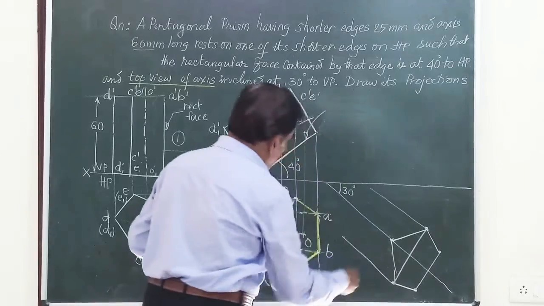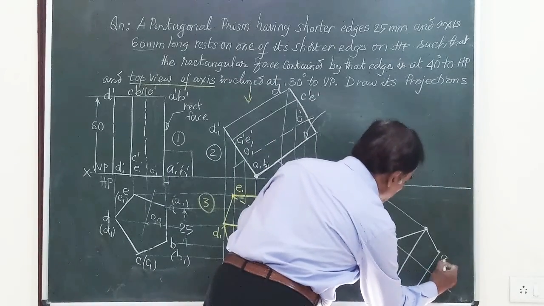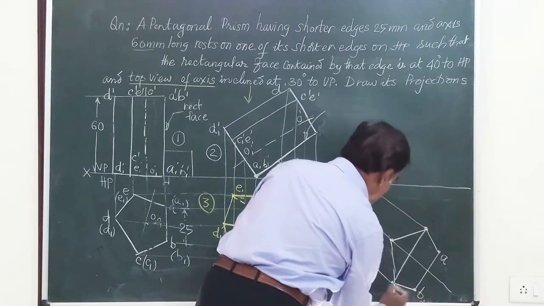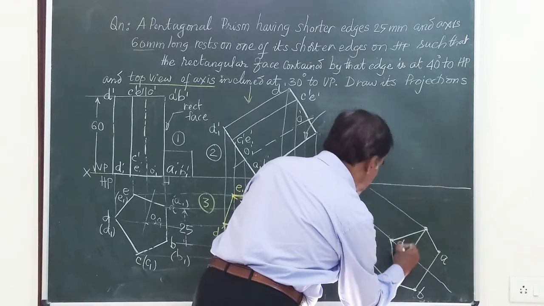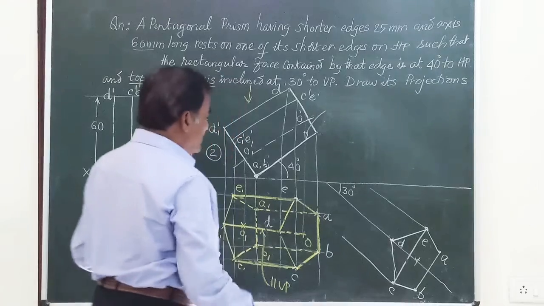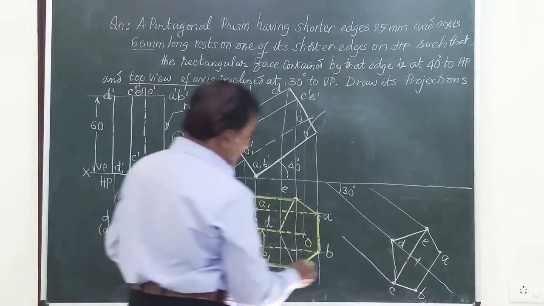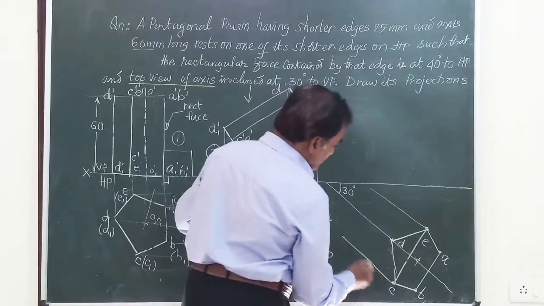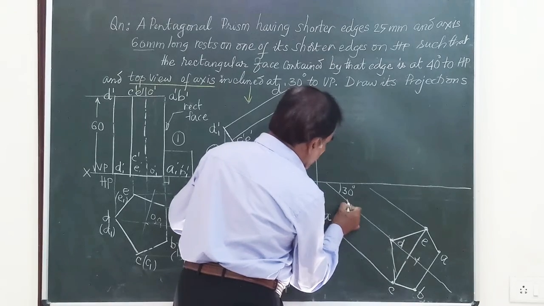So this is going to be AB, which will again measure 25 mm. This is C, point D, point B. O1 is somewhere here. And similarly for the bottom face, the last point is D1. This is D, you will have D1 here.